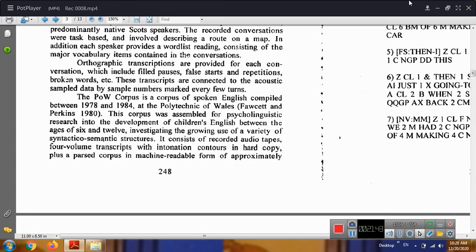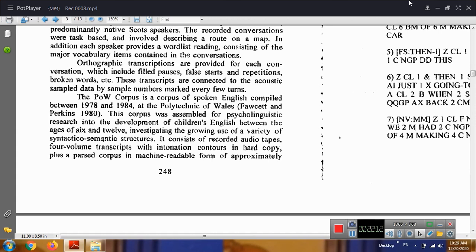The POW corpus is a corpus of spoken English compiled between 1978 and 1984 at the Polytechnic of Wales. This corpus was assembled for psycholinguistic research into the development of children's English between the ages of 6 and 12, investigating the growing use of a variety of syntactico-semantic structures.